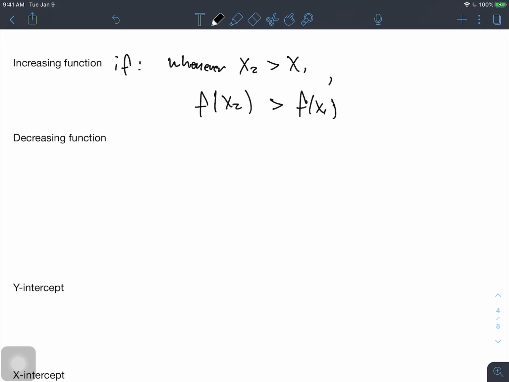Let me draw what I mean about that on a graph. What I mean is that if here's x1, if x2 is bigger than x1, where should I put x2 on the horizontal axis? To the right or to the left of x1?